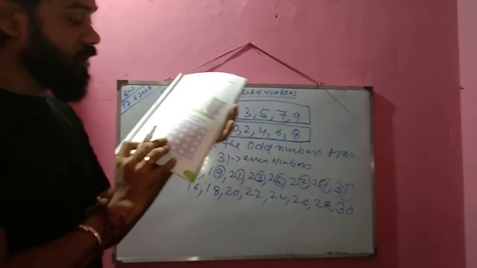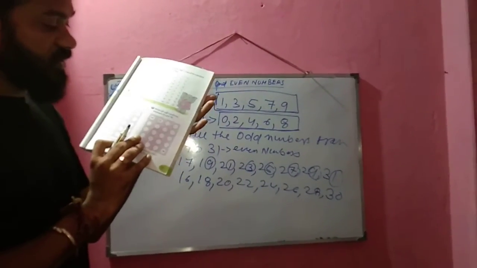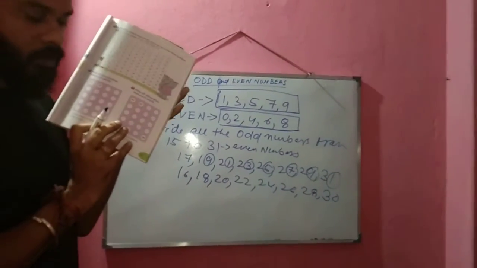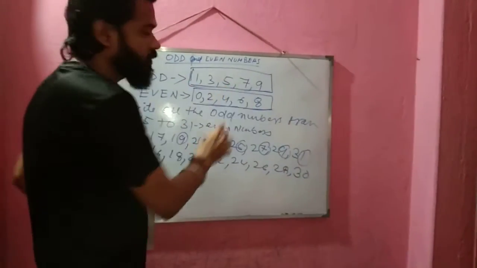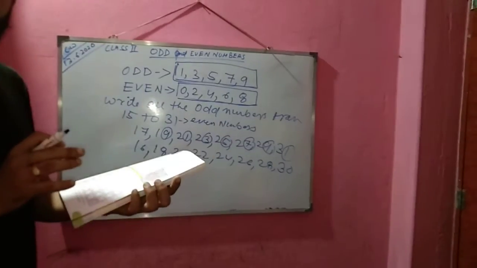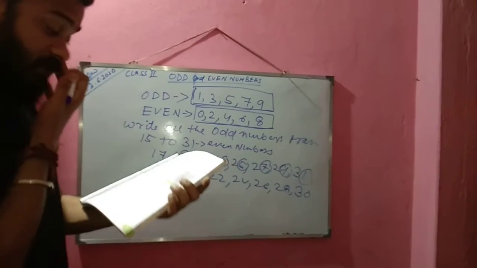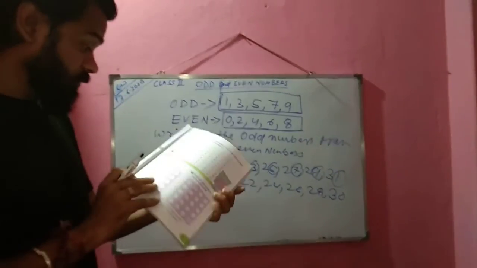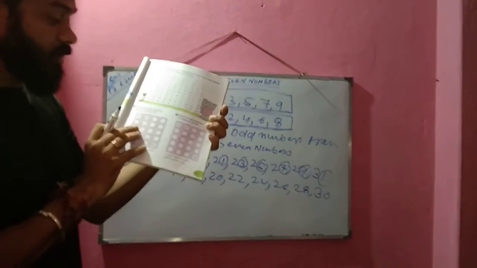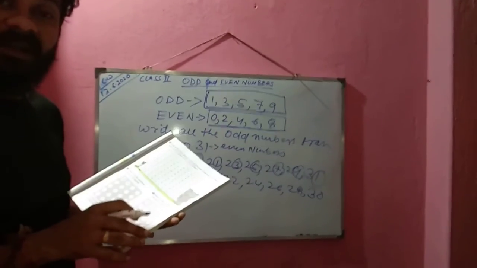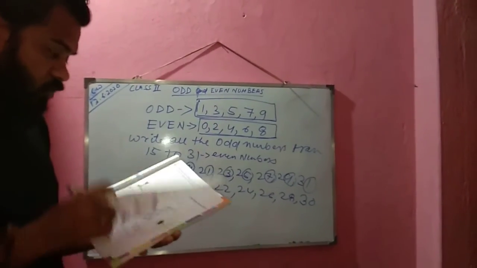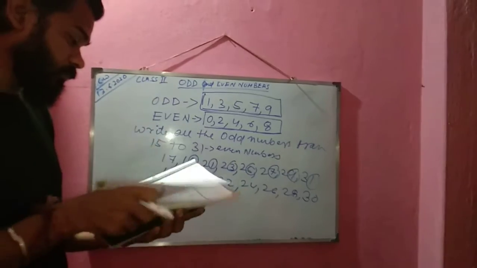And here also, write all odd numbers between 61 and 99. So 1, 3, 5, 7, 9 should be at the ones place. These two you can practice at home.